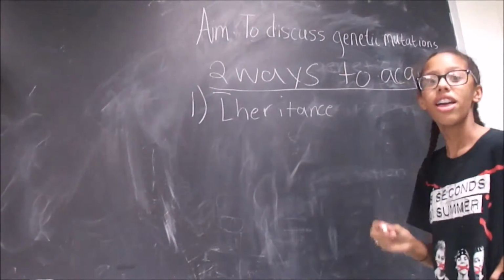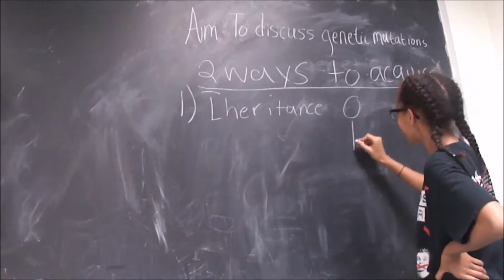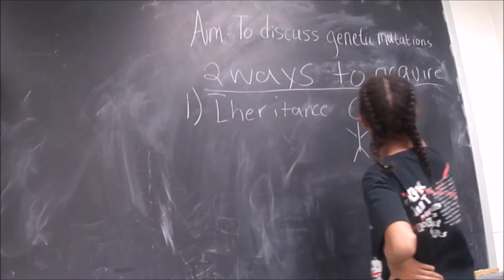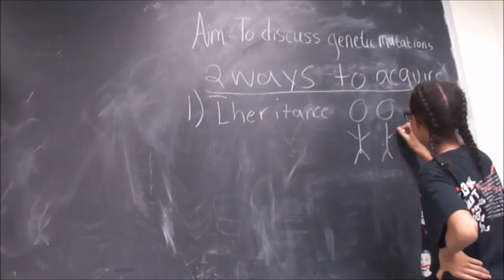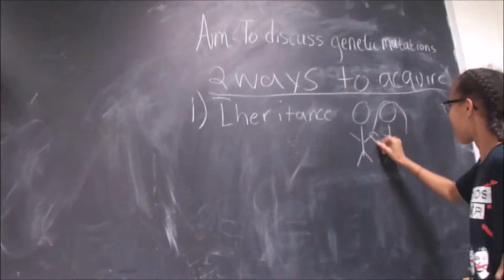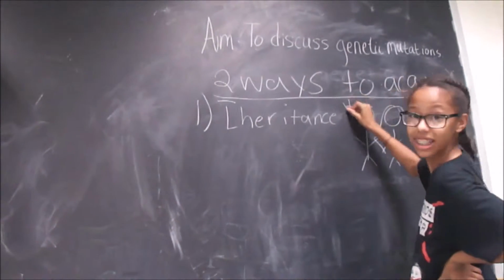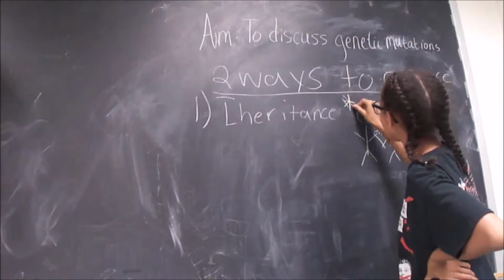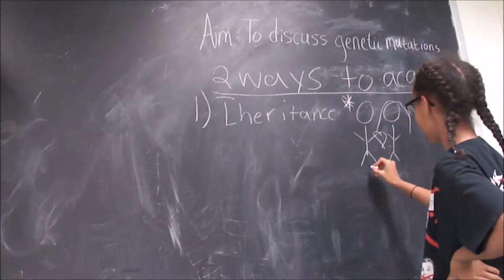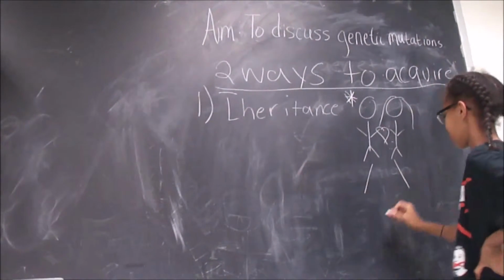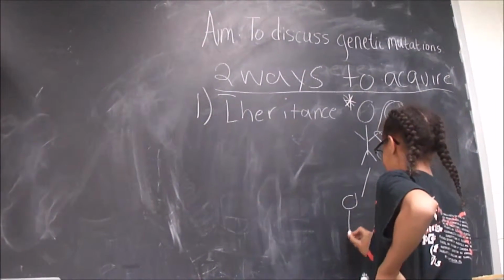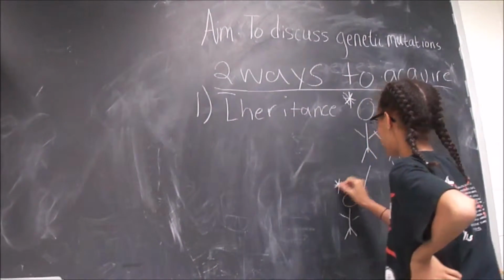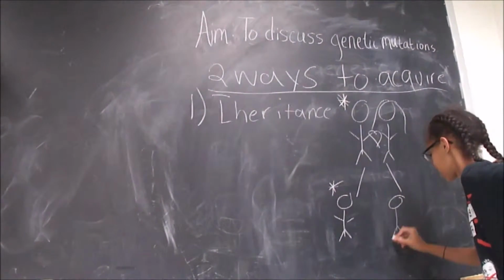Okay, so if a male and a female fall in love and they have a child, and one of them, we'll say it's the guy, has genetic mutation, there is a chance that one of the children, or any of the children, can acquire the genetic mutation.